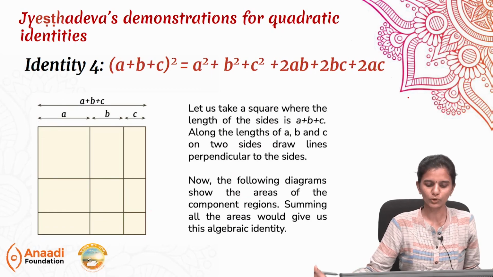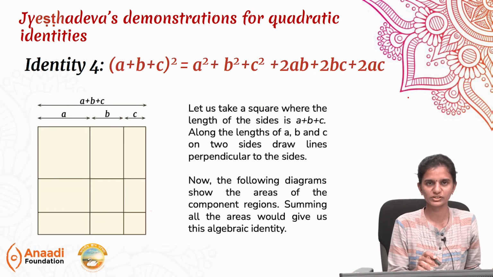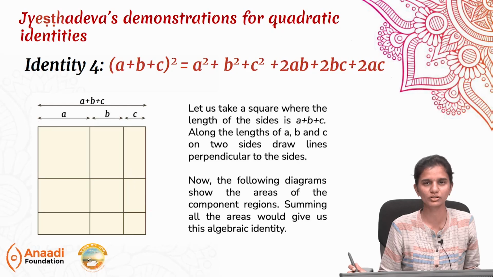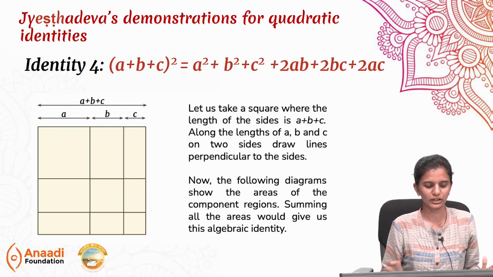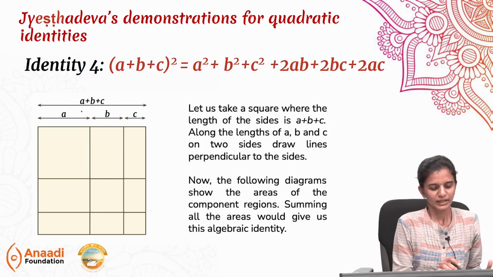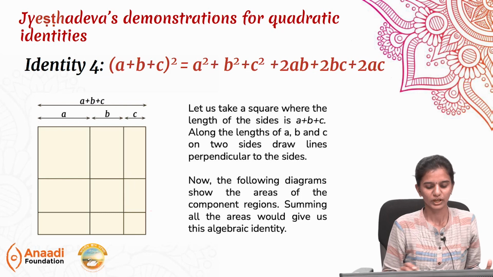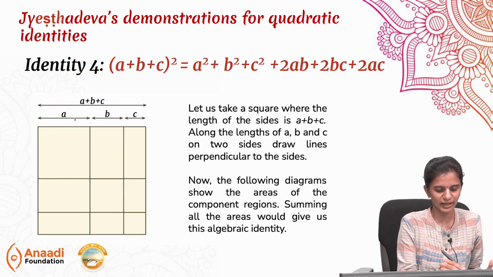In order to find out A plus B plus C the whole square is equal to A square plus B square plus C square plus 2AB plus 2BC plus 2AC in the geometric demonstration, we are going to take a square whose length would be A plus B plus C. So, we draw lengths of A, B, C on both sides.